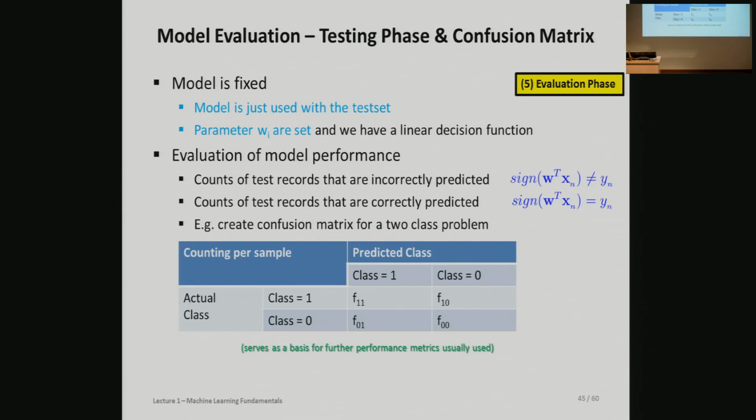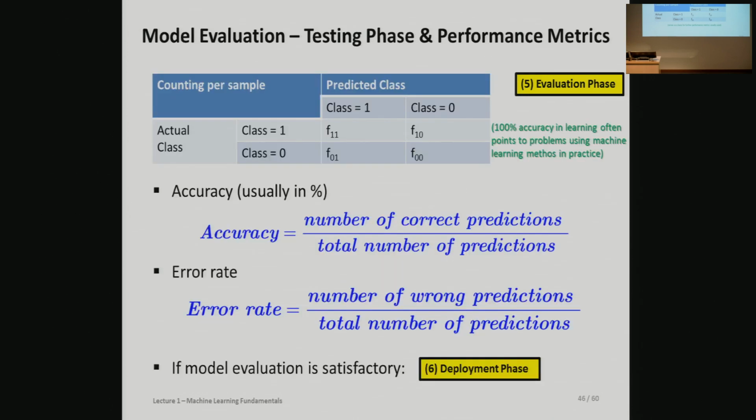We just count the misclassifications and classifications and put them in this interesting matrix that you see here. Very simple, basically. And this will then be the performance metrics you use for different aspects. These are usually domain-specific, depending on what is more important. Is the accuracy more important, or is the dominance of error that you want to bring across when you talk to your guys in the applications?